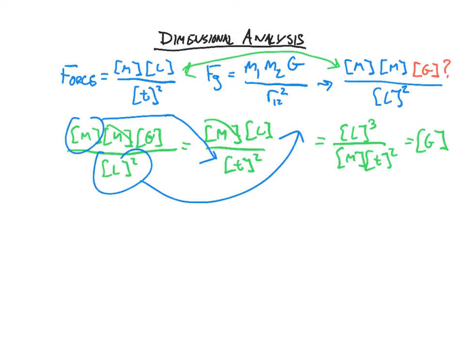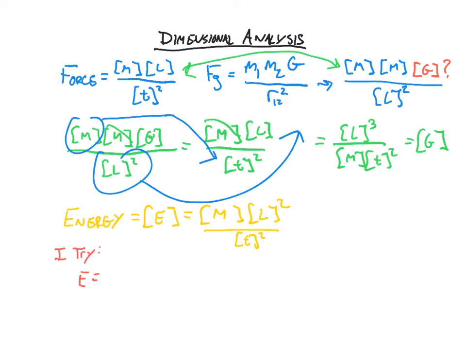So the way you can see this coming in handy is, what if we have something like energy, where energy again has units of mass times length squared divided by time squared. And then what if I try using energy is 1/2 m squared times velocity squared, so mass squared times velocity squared.